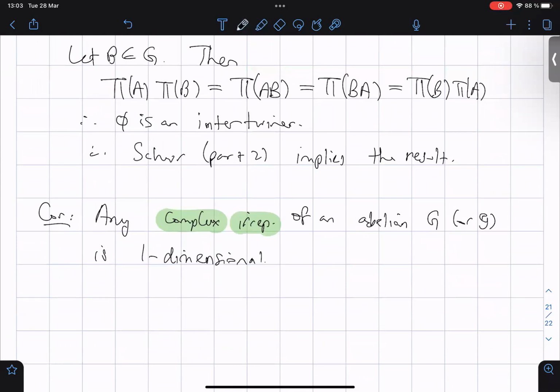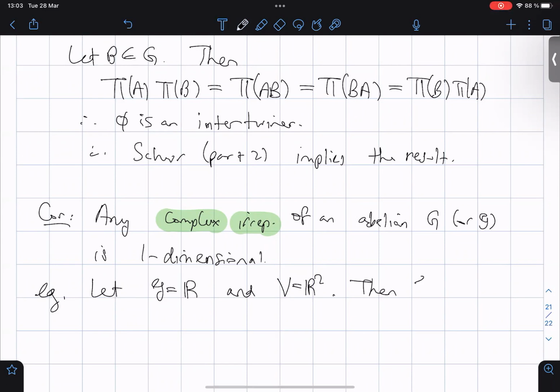Let me just state this. Suppose I'm working over the reals, and let's take a two-dimensional real vector space.